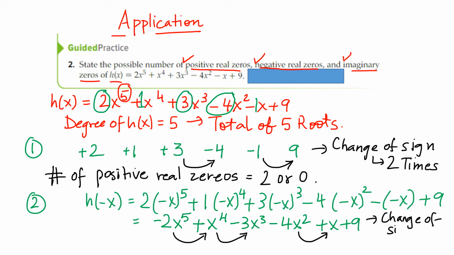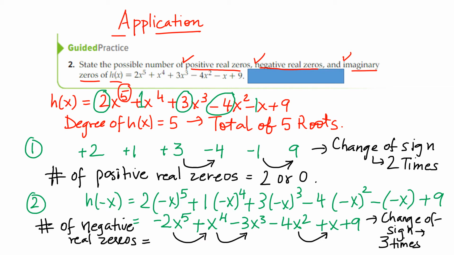Because the change of sign now is 3 times, we can also decrease by an even number. So therefore we can conclude by Descartes' second point that the number of negative real zeros will be either 3 or 1.